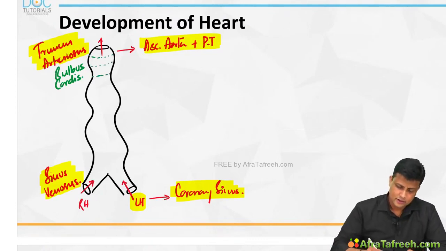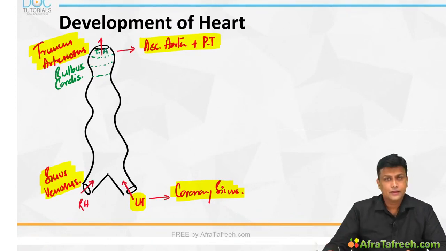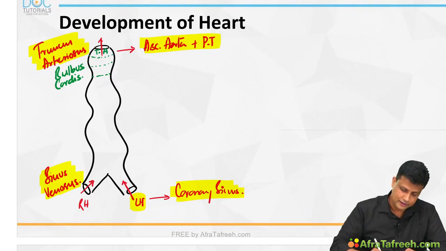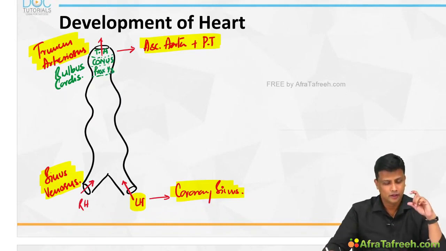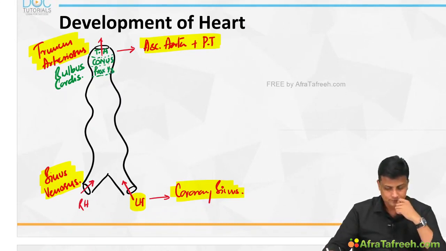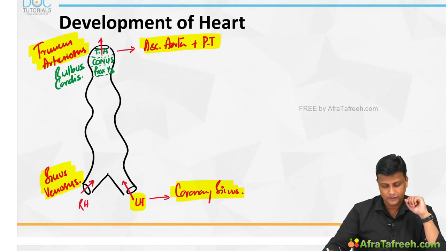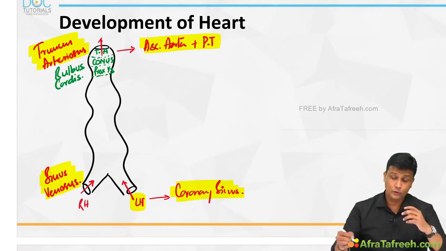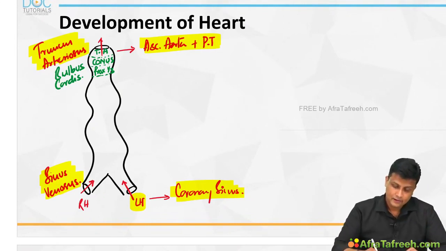Three parts. The one which you are able to see, the cranial most, truncus arteriosus. Then just behind that will be the conus. And then the proximal 1/3, no specific name to that one, it is just the 1/3. So bulbus cordis has three parts: truncus arteriosus, the conus and the proximal 1/3.